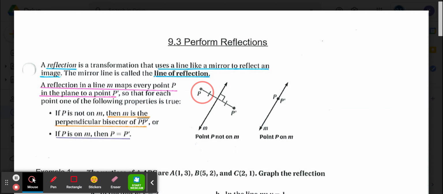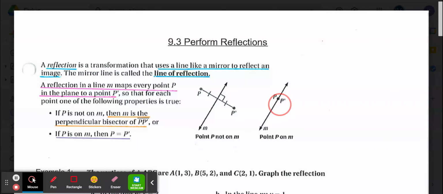And that segment created from P to P prime is perpendicular, meaning 90 degrees, to our line of reflection. So if we're reflecting over that line, we're not going to shift up or down. It's just going to go straight across.